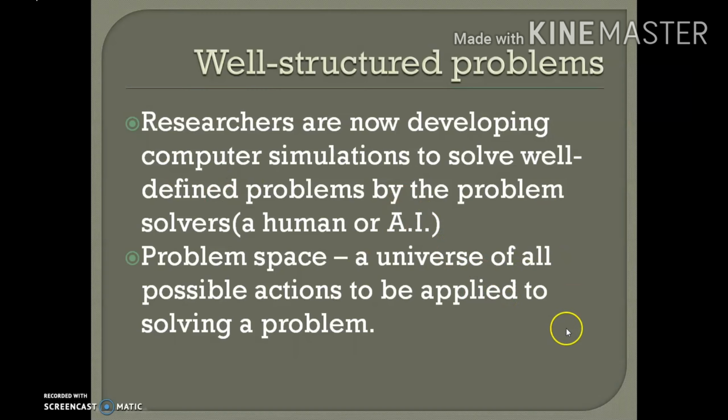And there, they must view the initial problem state and the goal state within this problem space, which is a universe of all possible actions to be applied to solving a problem.